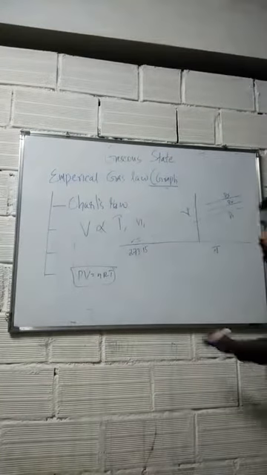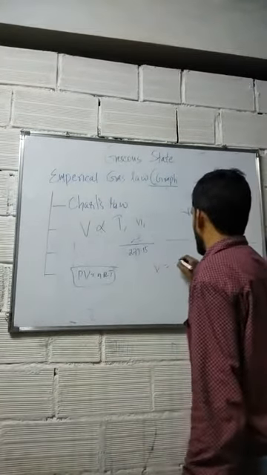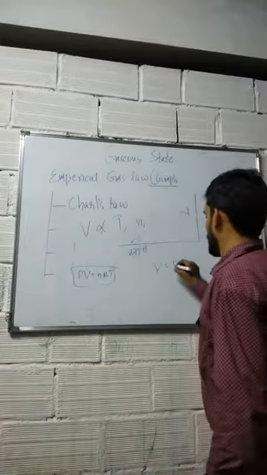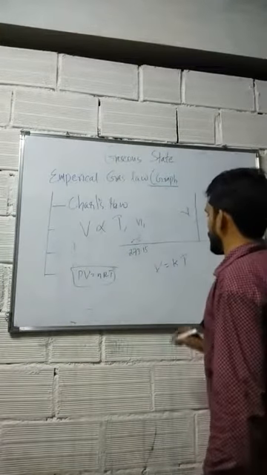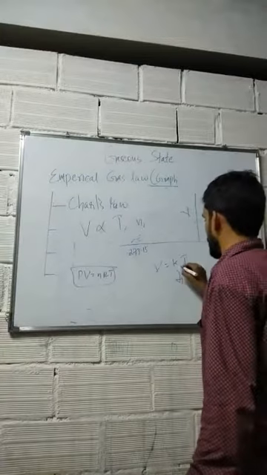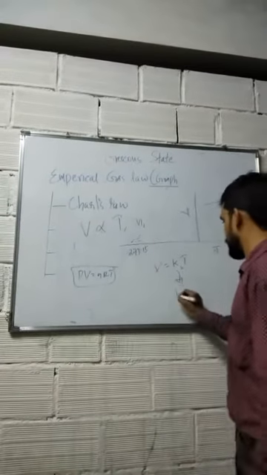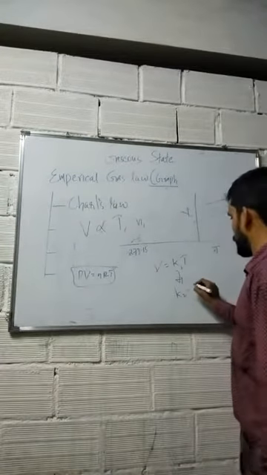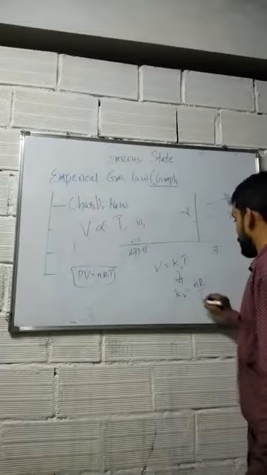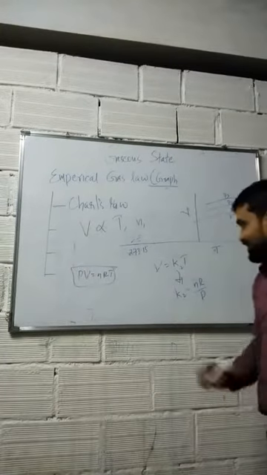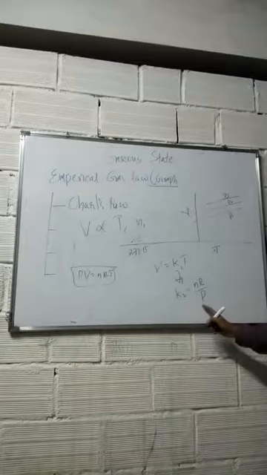Remember that one. So V is equal to K into T. What is the K? Say K2. K2 is equal to nR divided by P. Right? K2 is equal to nR divided by P.